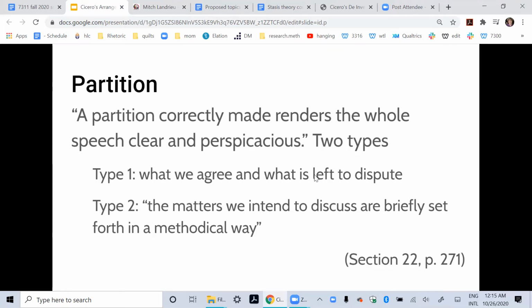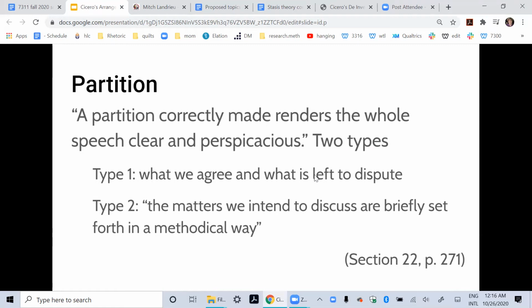But as he says on page 271 in section 22, a partition correctly made renders the whole speech clear and perspicacious. There are two types of partitions, he says. One is where you say, okay, so this is where we agree, and then this is where we are in disagreement. Sounds a lot also again like the stasis.